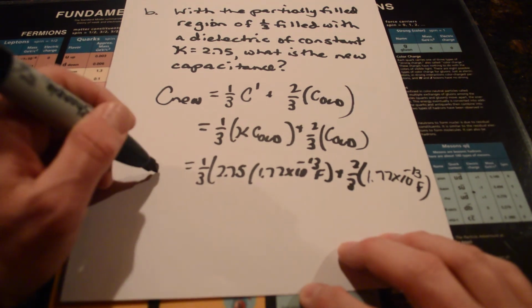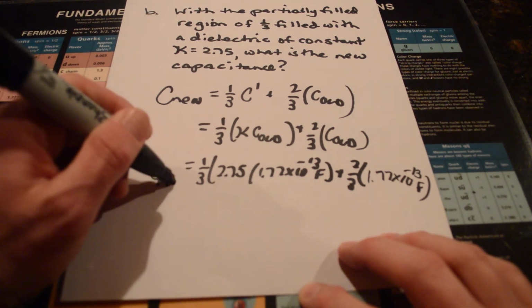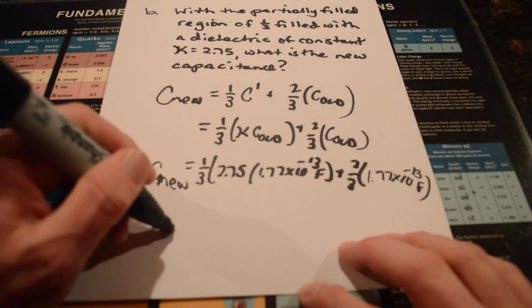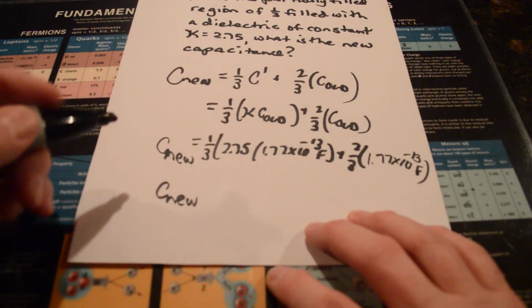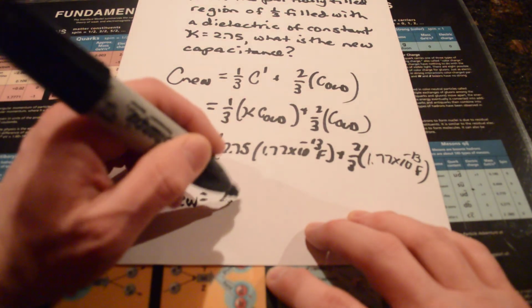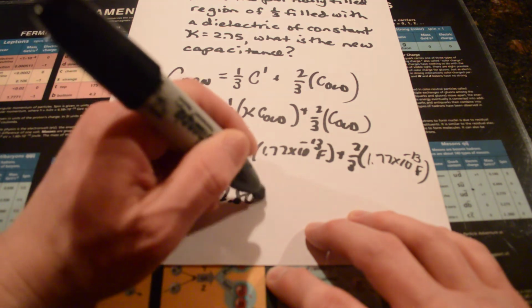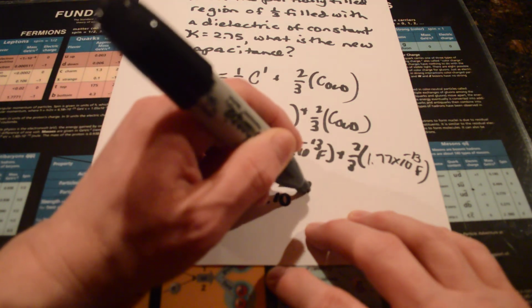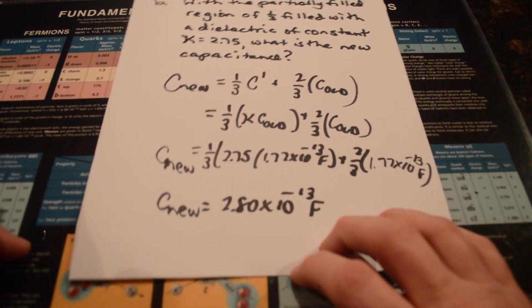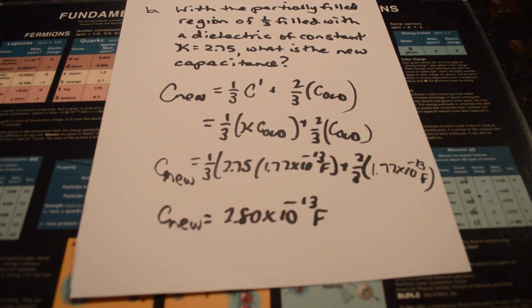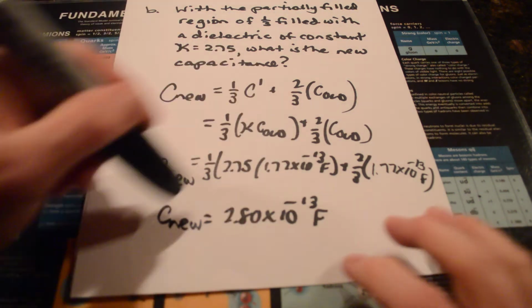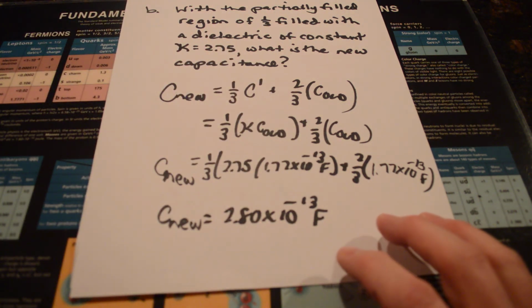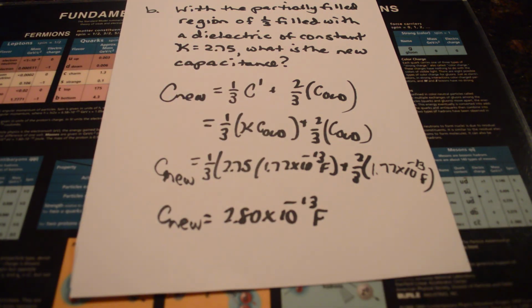That gives us the new capacitance, which I'll write down as 2.80 times 10 to the negative 13 farads. So by filling 1/3 of the capacitor, we have grown from 1.77 to 2.8 times 10 to the negative 13. I hope that was useful.